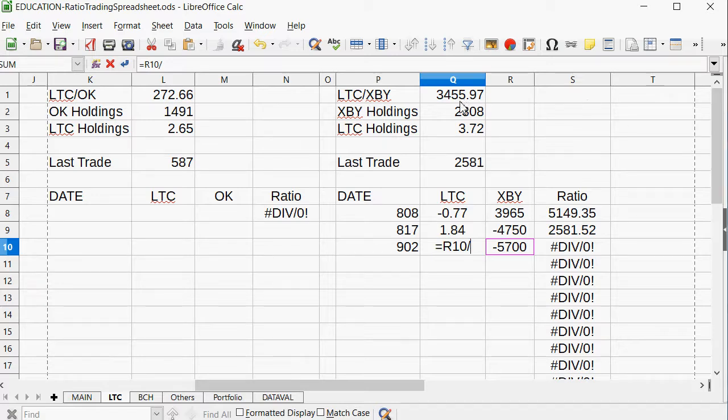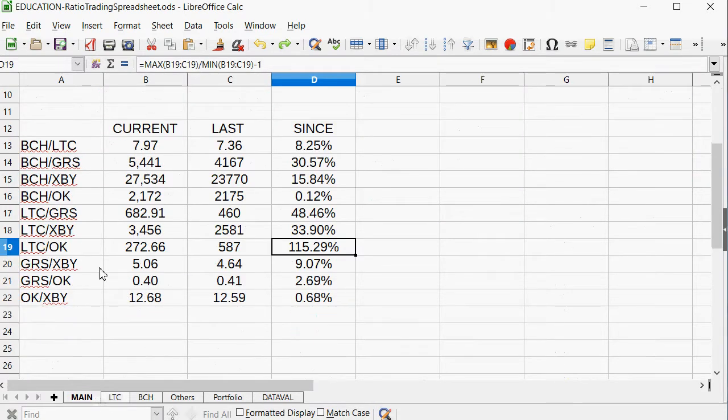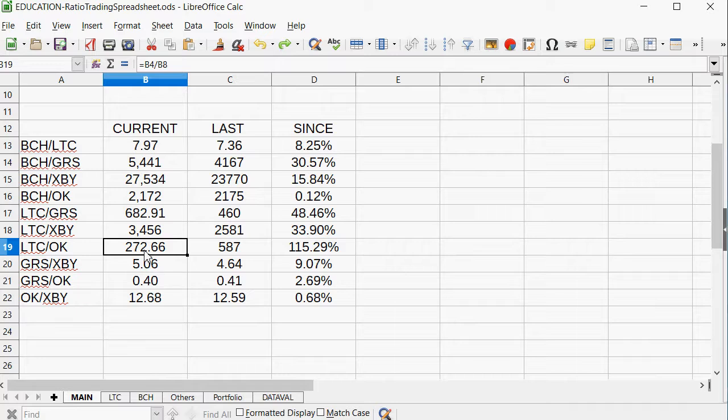And it says here the ratio is 34:55. Let me just, again, make sure that this is right. LITECOIN, OK cash, yeah. 272.66.